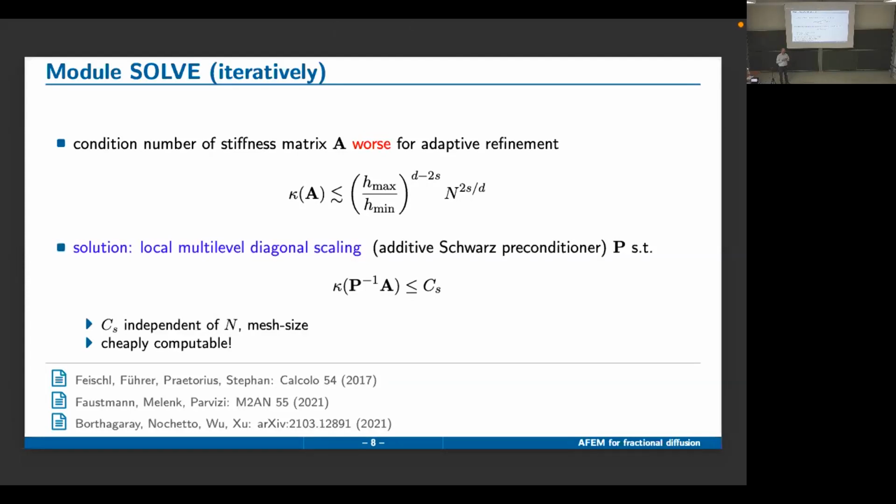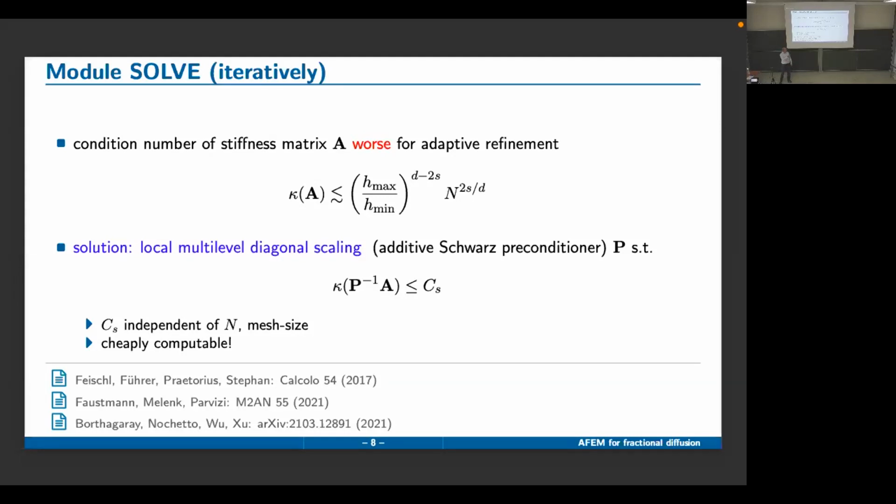Or if you do any preconditioning anyhow, which I suggest, there are many more things, for example the operator preconditioning which Rob Stevenson did in his group, or you can do a local multilevel diagonal scaling. This is just an additive Schwarz preconditioner. For non-local problems, this was done for the boundary element method by Feischl, Führer, Praetorius, Stephan.